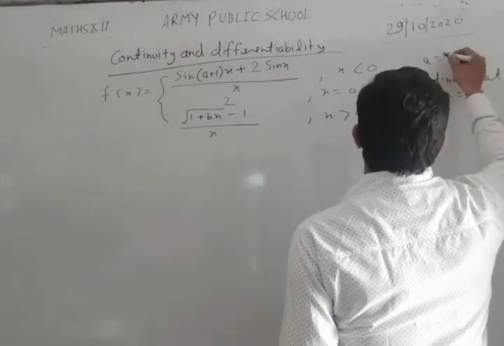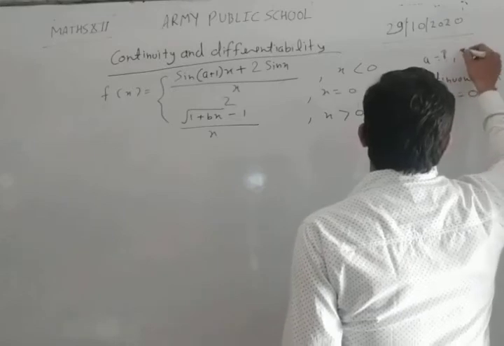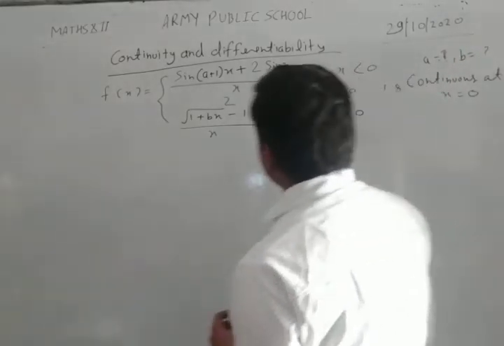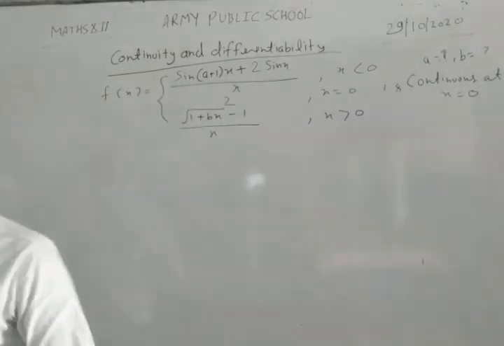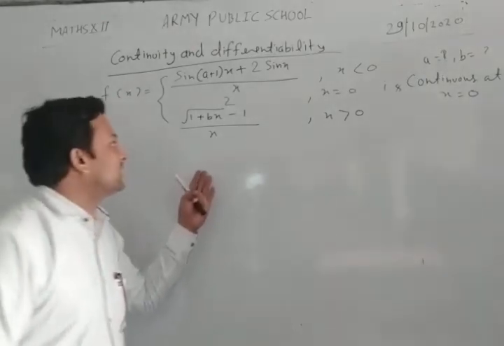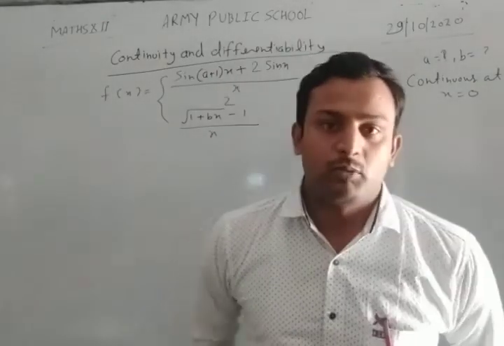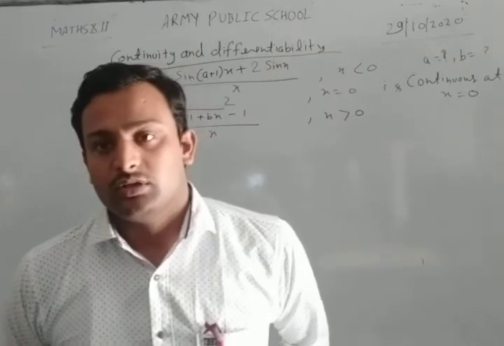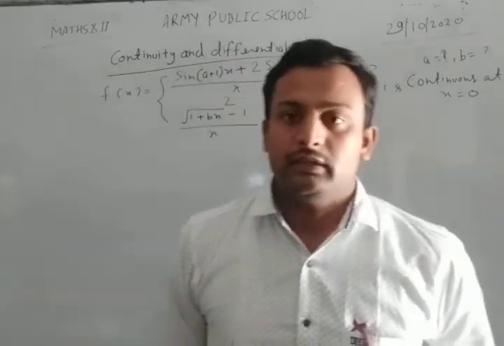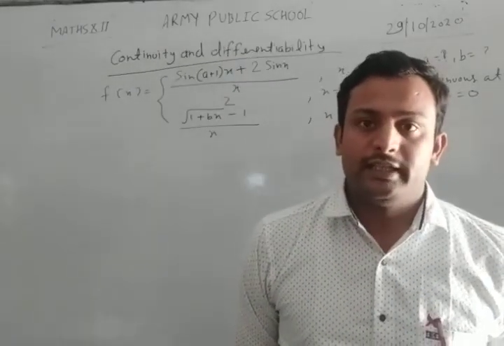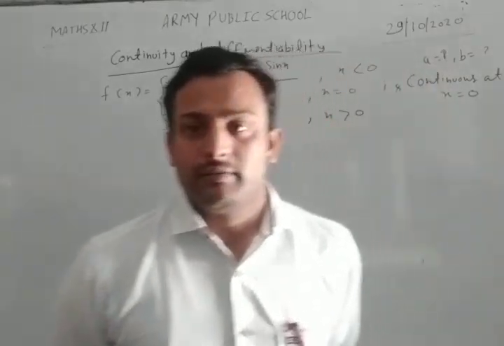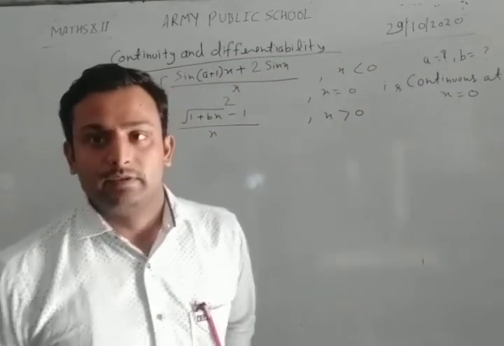Then find a and b. We have to find the value of a and b. This function is continuous at the point x equal to 0. So what will we do? We will find its left hand limit, right hand limit and value of the function, equate these all three, and we will get our result.